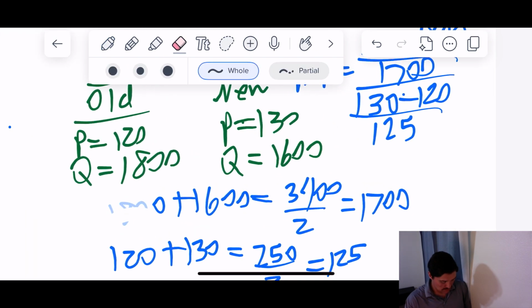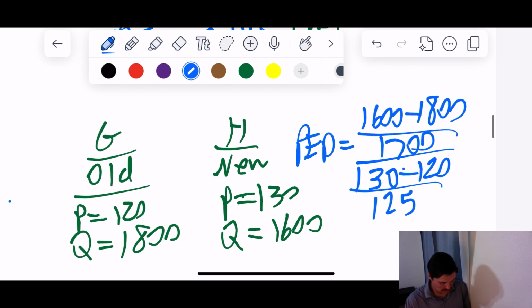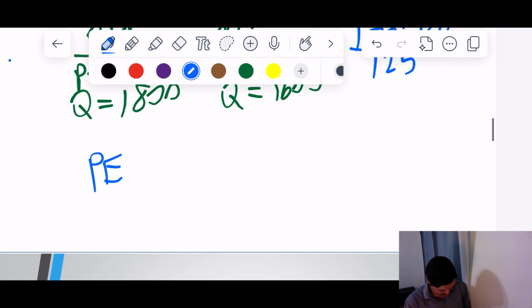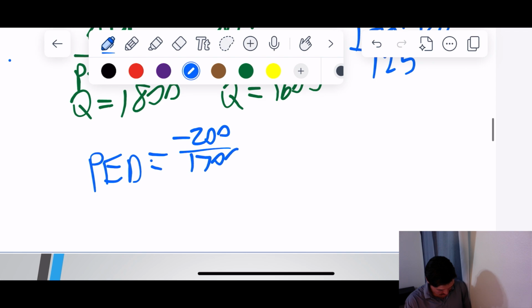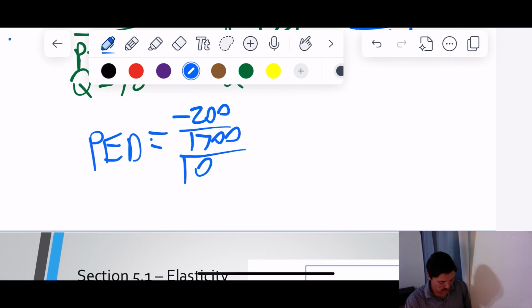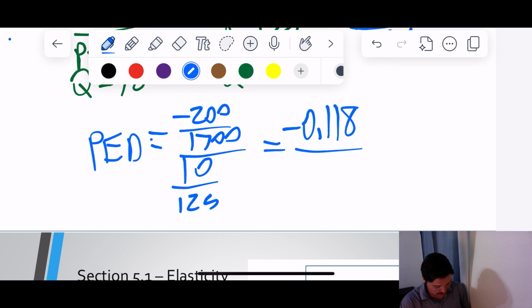Okay. All right. So now, working top down again, we have 1600 minus 1800. That is negative 200 over 1700. And then we have 130 minus 120, which is 10 over 125. We'll do this in our calculator. We get negative 0.118, rounding up.